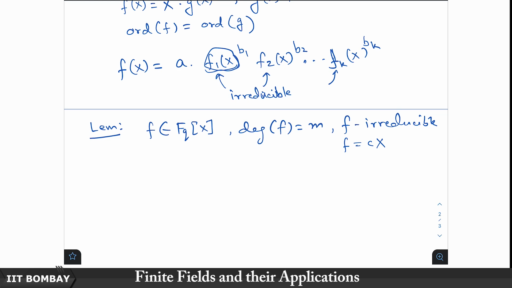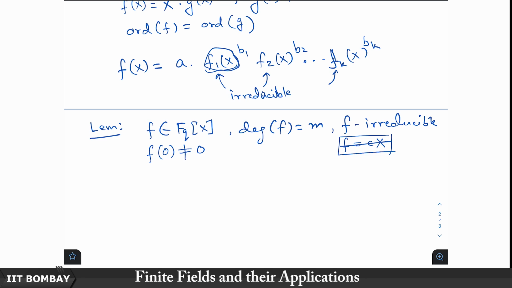But we will not consider this type of polynomial; we will first consider polynomials for which x is not a factor. For Cx type of polynomial, we know that its order is defined as the order of C itself, that is 1, because x is taken out.